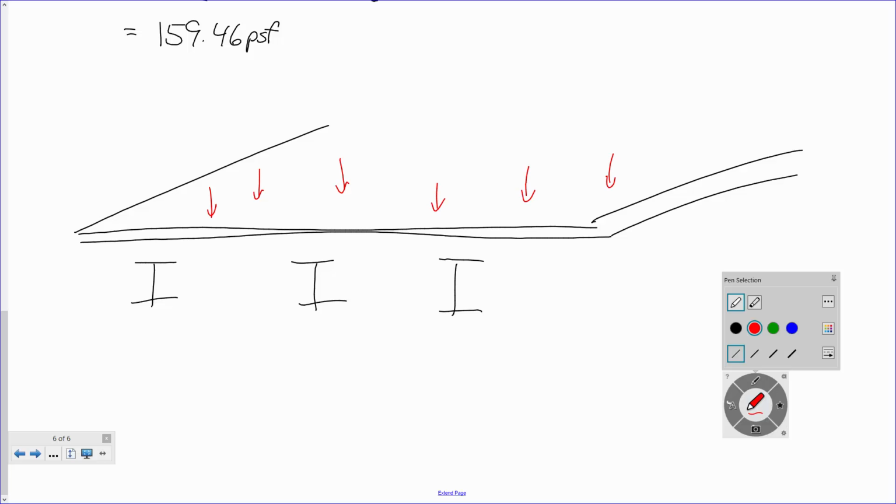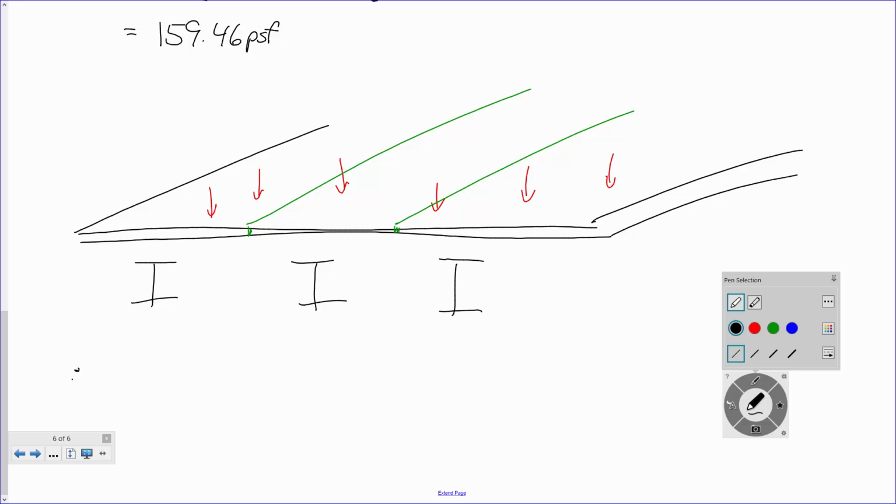Now, ultimately, for a given beam, I only want the floor load on that beam. So I'm going to take that pressure load and distribute it to that beam. If I take a pressure load and distribute it to a single beam, what am I getting? A uniformly distributed load. And what is that uniformly distributed load going to be?